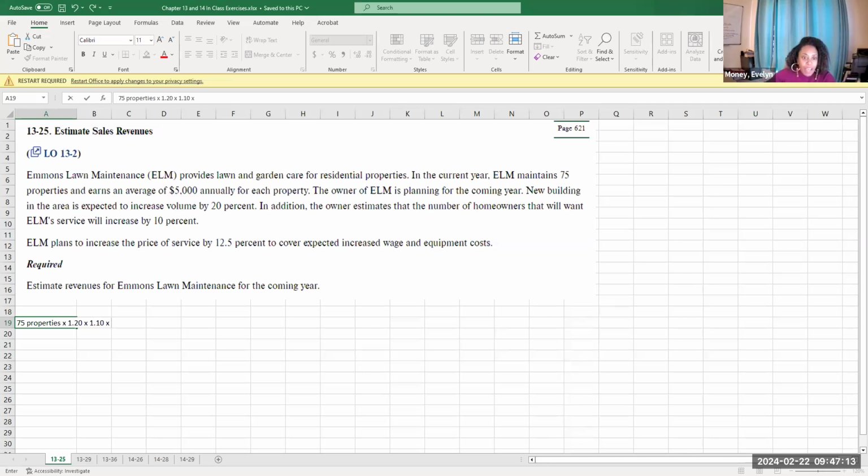So before I multiply all this by my $5,000, I want to take into consideration my increase in my revenue of 12.5%. So I'm going to multiply that times 1.125. And then finally, all of that will be multiplied by my $5,000.